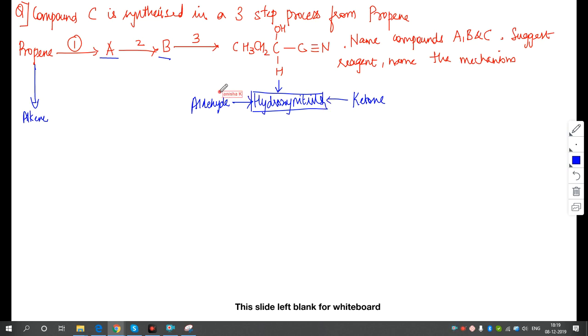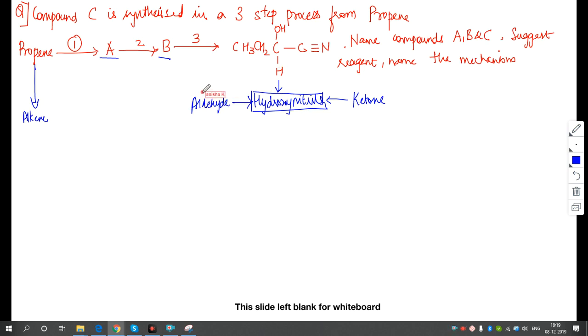So my compound B will either be an aldehyde or a ketone. I don't think so, it will be a ketone. Let's stick with aldehyde, okay?